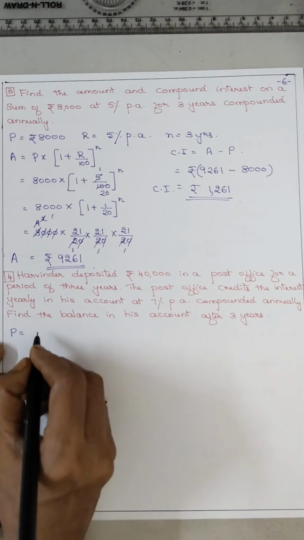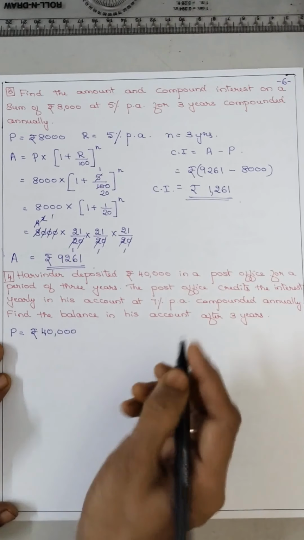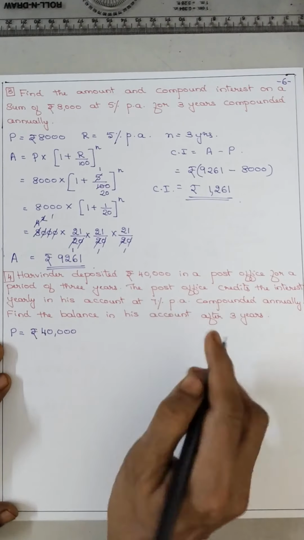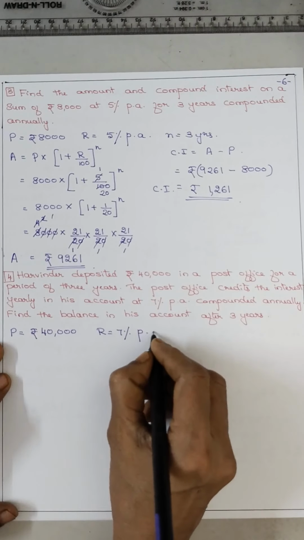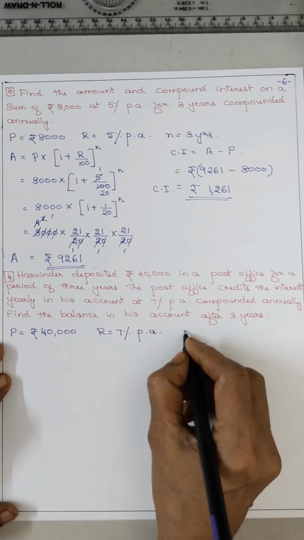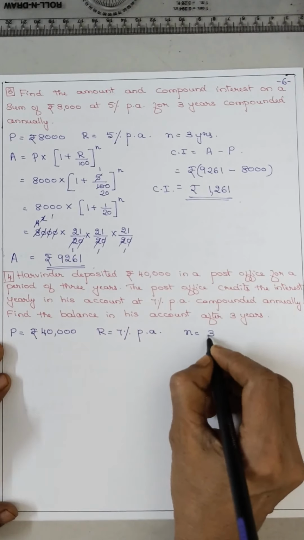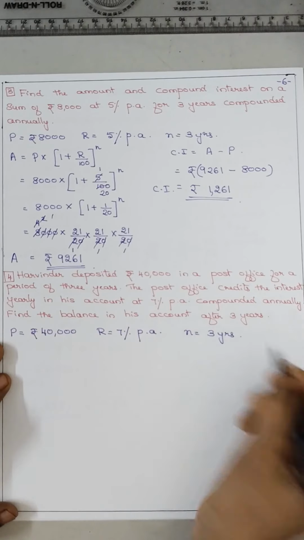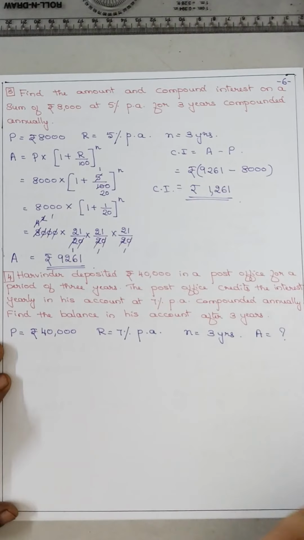So deposited, so principal is equal to rupees 40,000. Rate of interest is given as 7% per annum. Now time, n is equal to 3 years. Find out A. Balance means A is equal to how much?